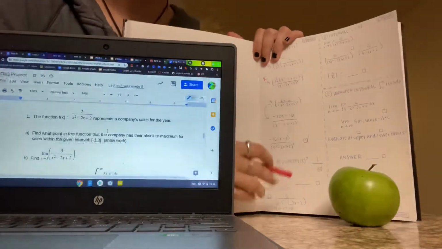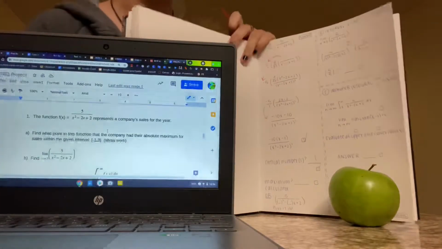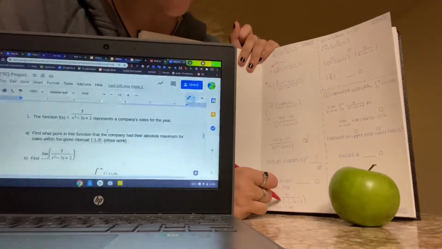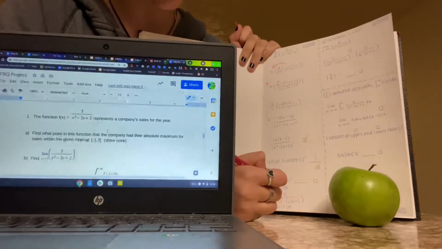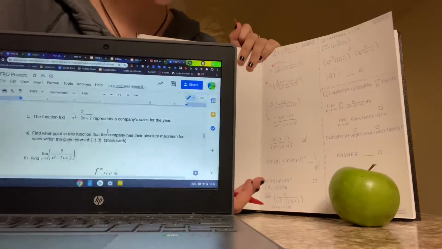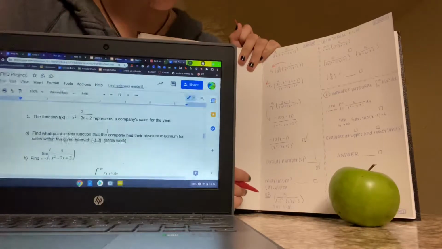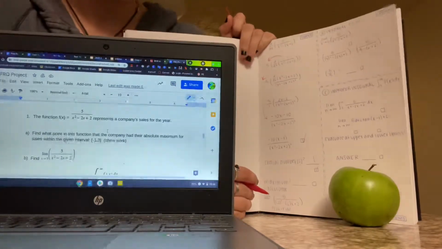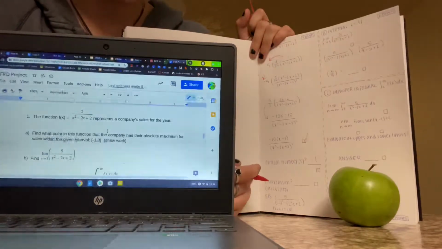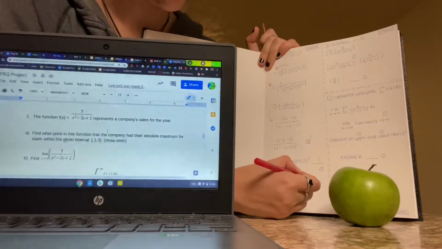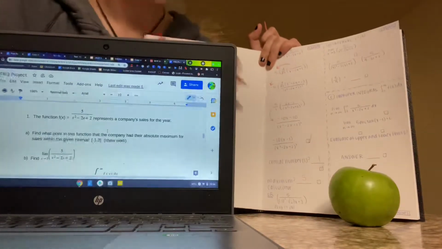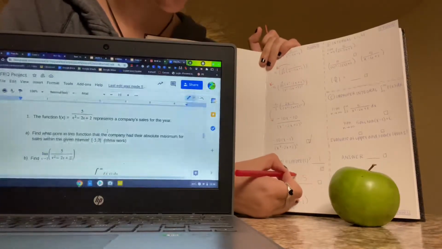So you would just plug 1 into the x's in the equation, which would give you 5 over 1 squared minus 2x plus 2, which would just give you 5 over 1. Then your maximum would end up being 5, or 1,5.